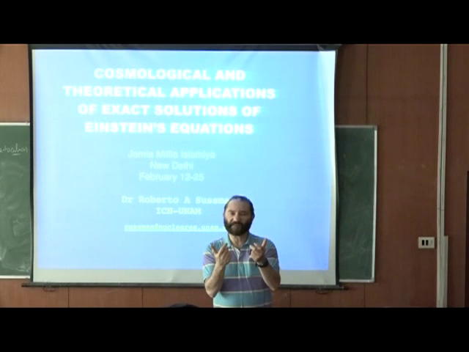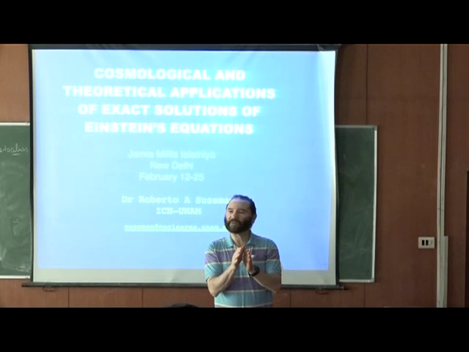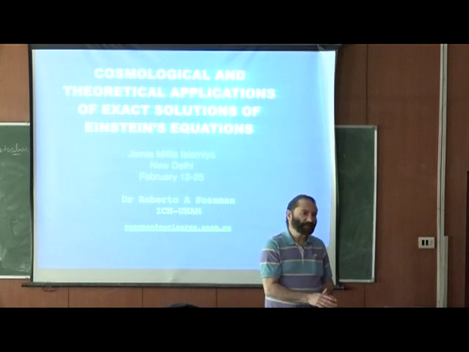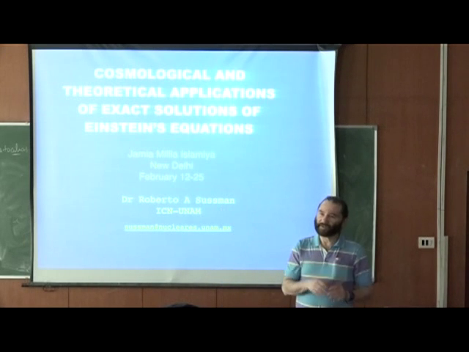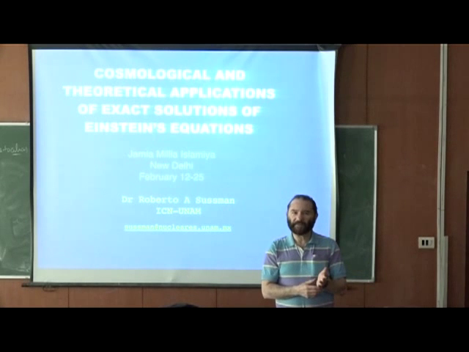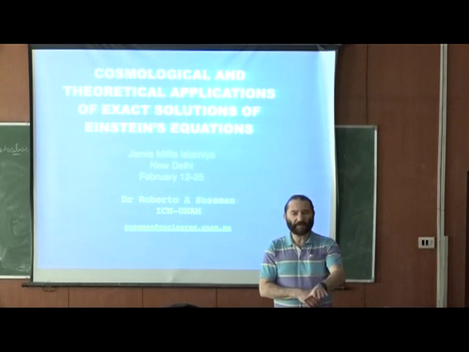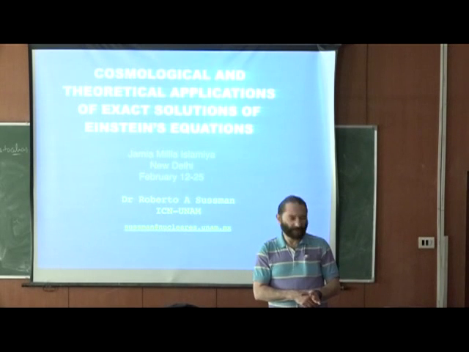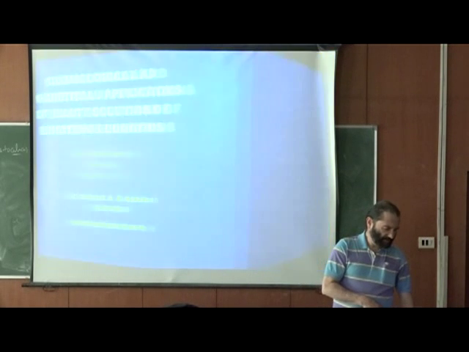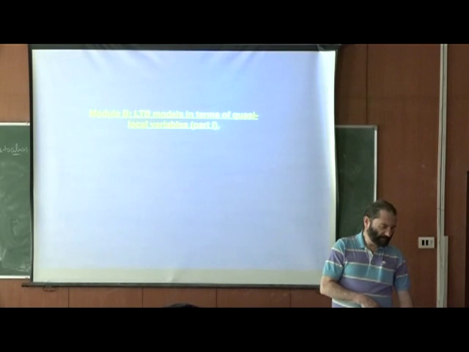But the relativistic interpretation of the terms is different, and also the relativistic equations give you some degrees of freedom that are not available in the Newtonian framework. So it's a small change, but nevertheless, sometimes small differences can be important. Okay, so let's look at the models. See, this is the lecture today, LTV models.